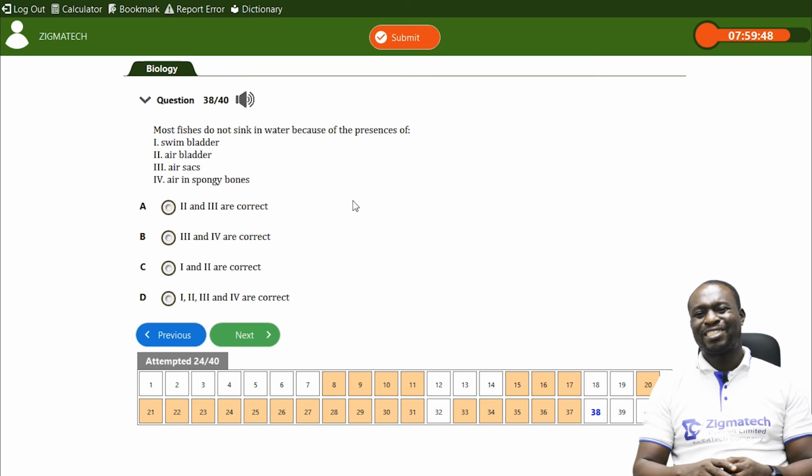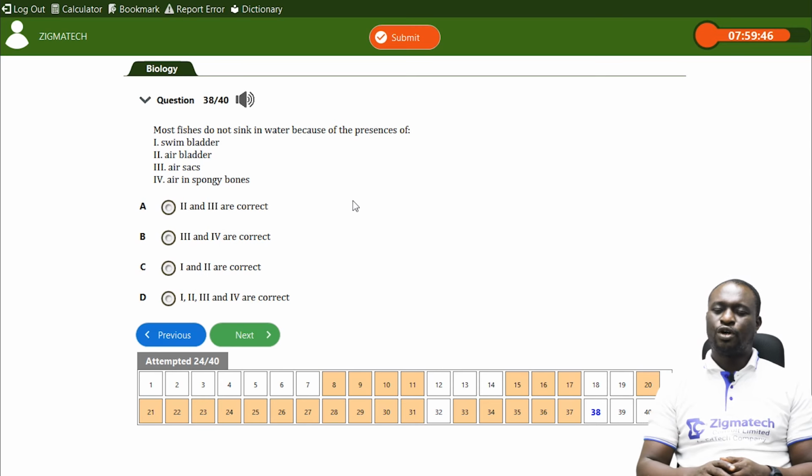Question 38. Most fishes do not sink in water because of the presence of 1. Swim bladder, 2. Air bladder, 3. Air sacs, 4. Air in spongy bones.